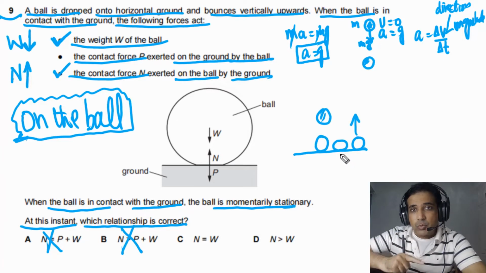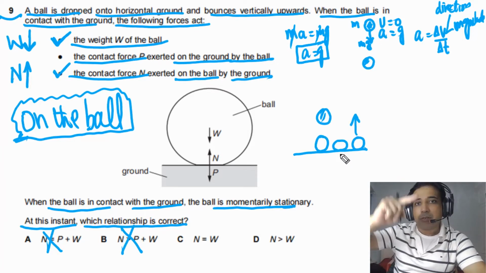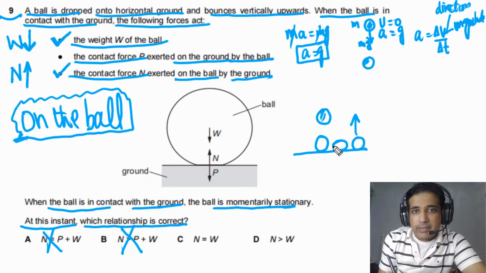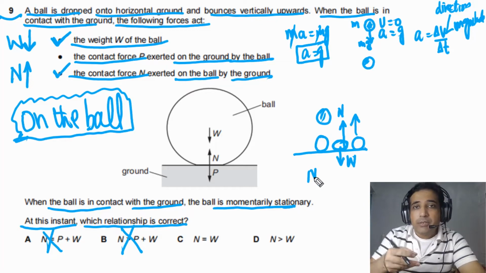As it goes vertically upwards, it means that there is a resultant force acting on the ball even when the ball is at rest. So in this case, weight is acting down but N is acting up, and N is greater than W. That's the reason the ball will go upwards. It means the direction of motion of the ball is changing.